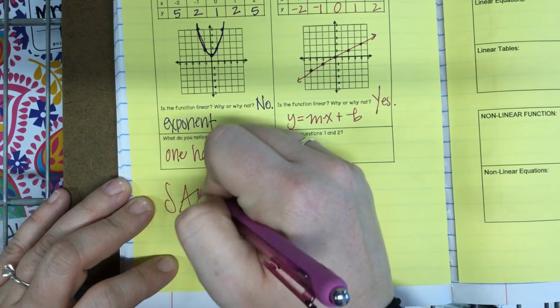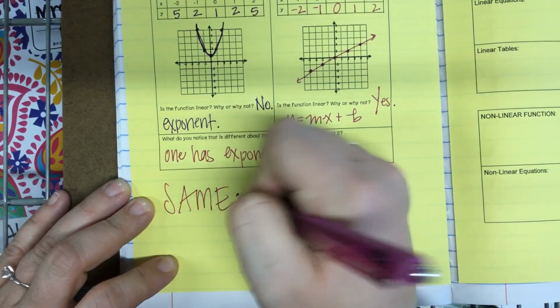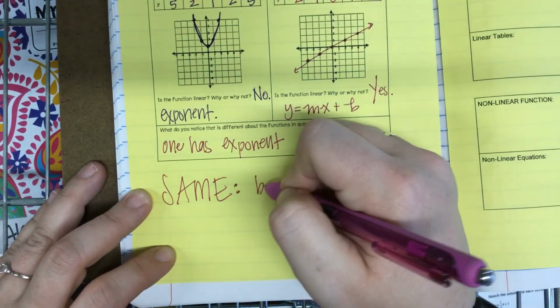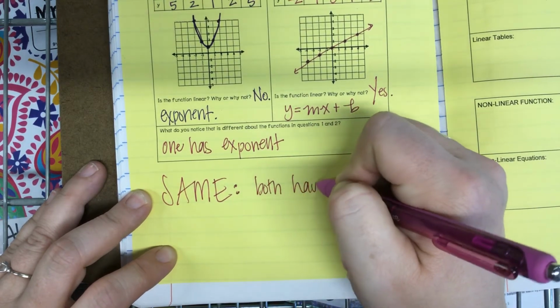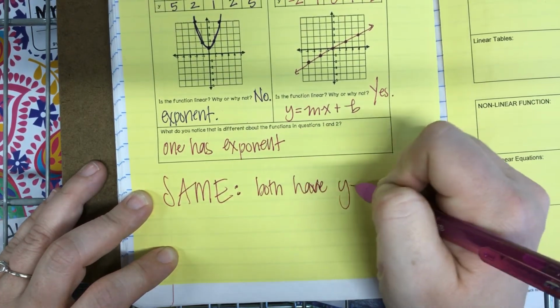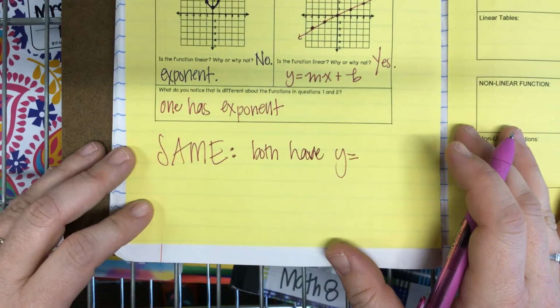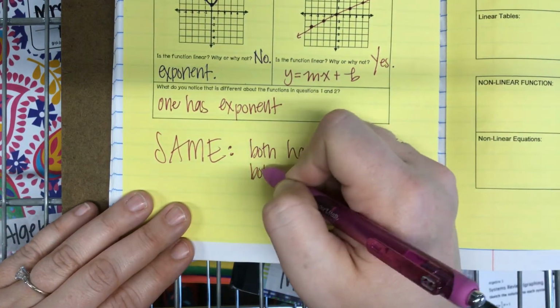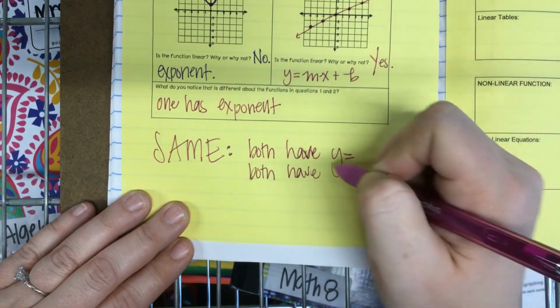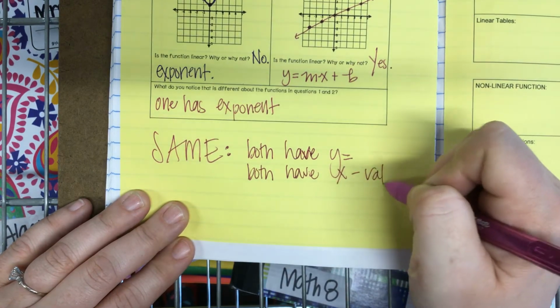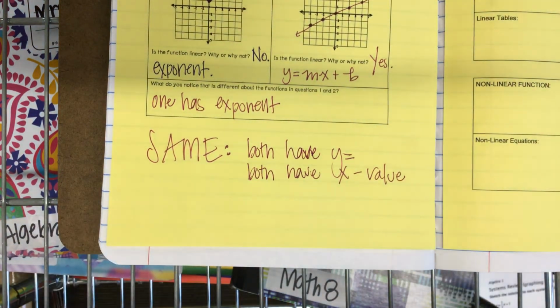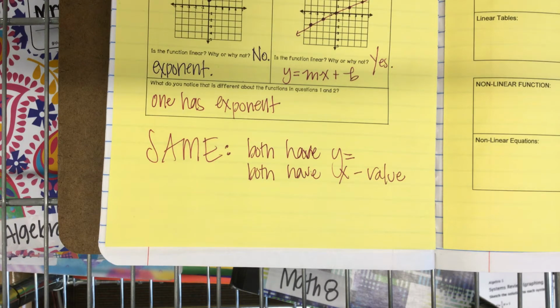What's the same? They both have y equals, yes? And they both have an x value, right? Those are the same.